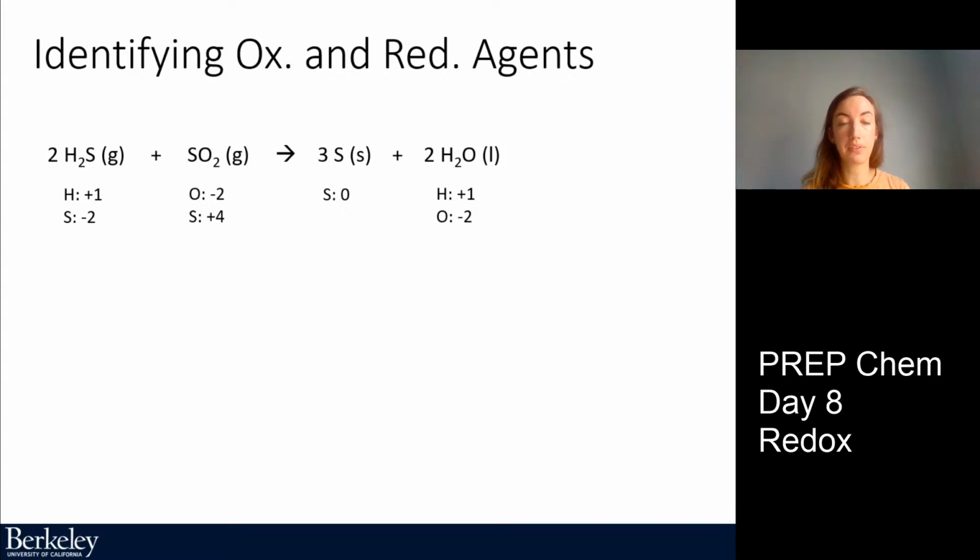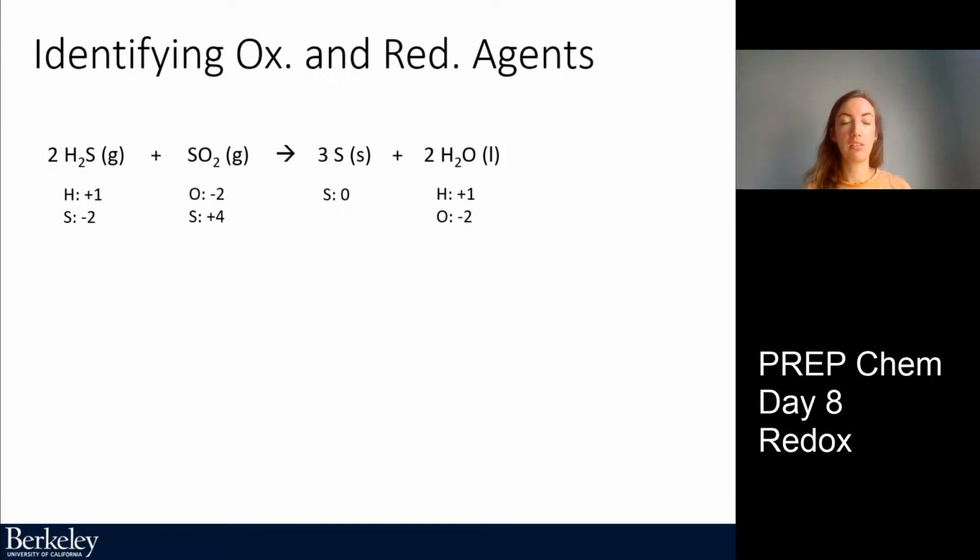That's the first thing we have to do before we can even think about which is the oxidizing agent and which is the reducing agent. So that's always step one, assigning those oxidation numbers, which is why we did that a couple slides ago.